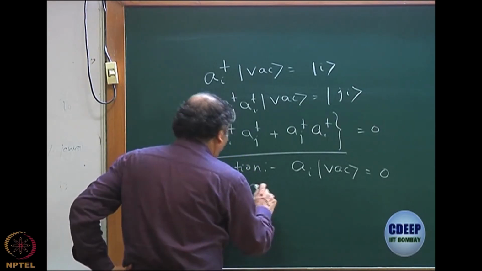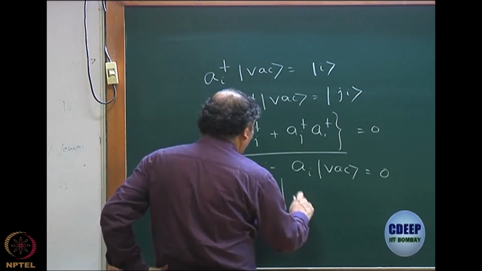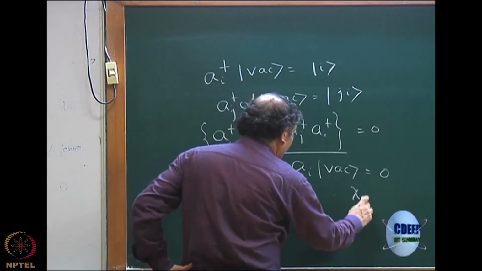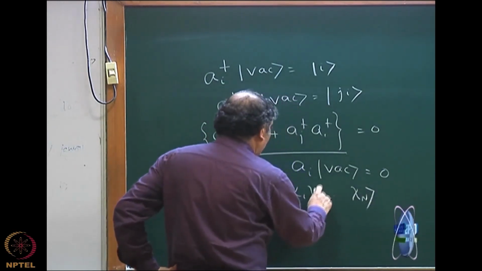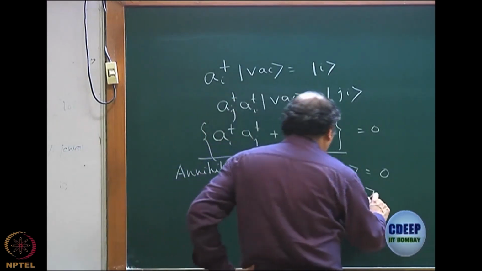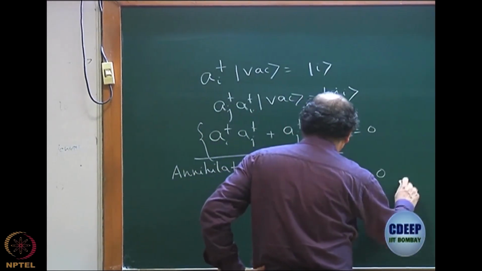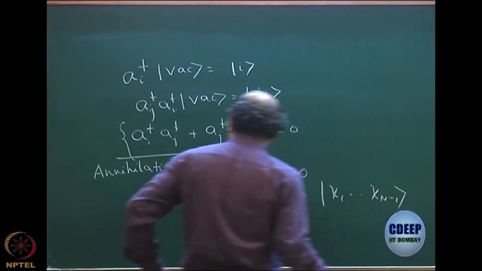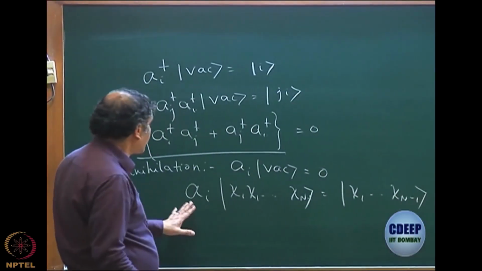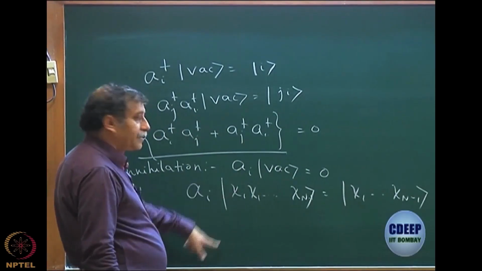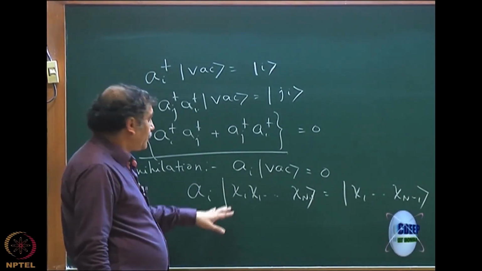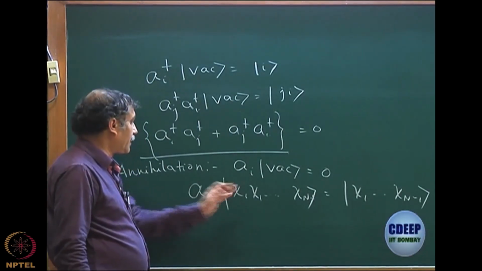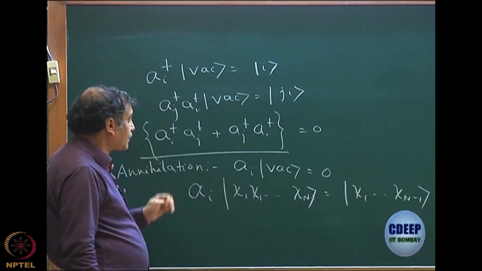However, if it acts on a state or a determinant which has chi I on the left and then whatever is there, chi 1 etcetera to chi n minus 1, then it generates a state which is chi 1 to chi n minus 1. So, the idea is that these are annihilation operators which immediately remove a spin orbital exactly to the right, immediately to the right.